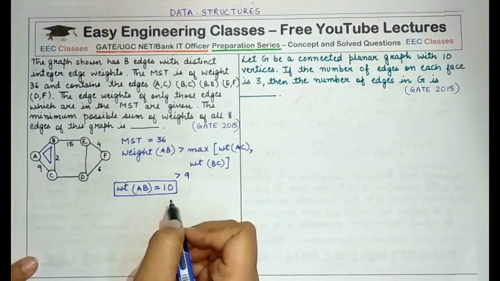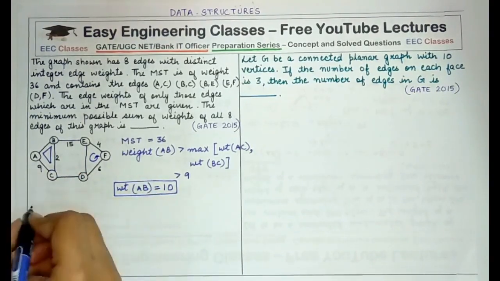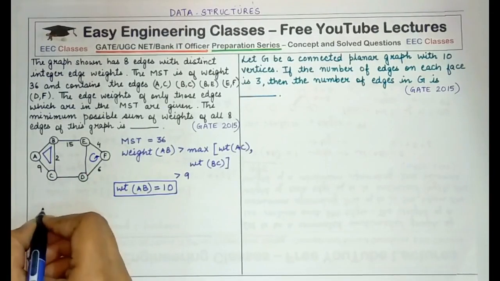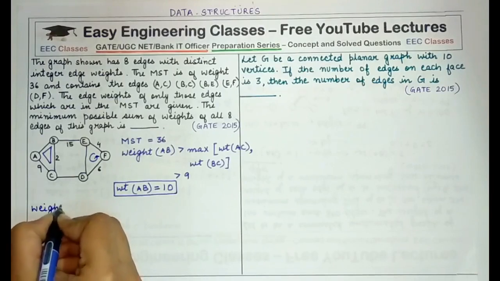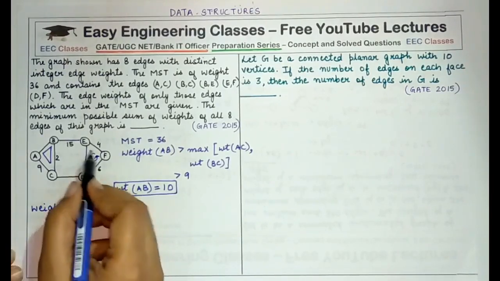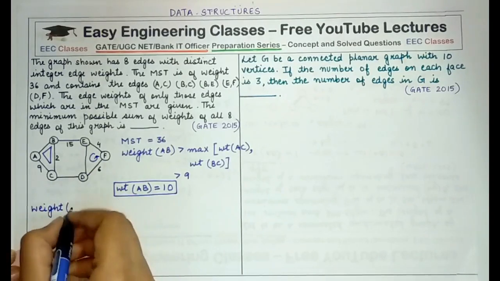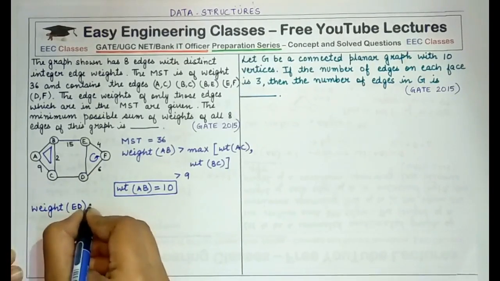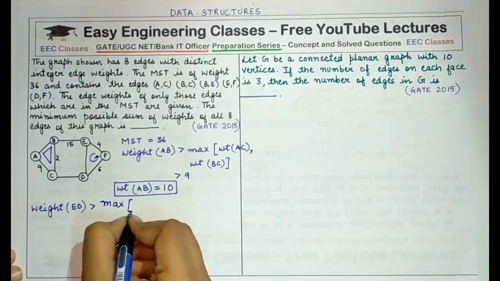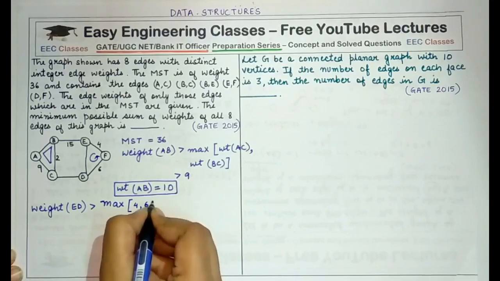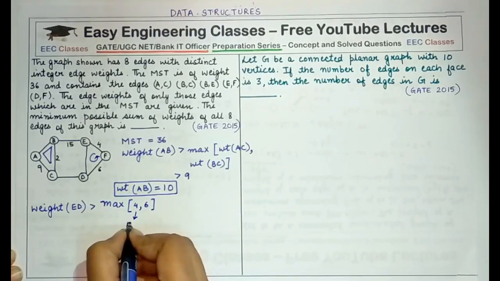Okay, now similarly, if I consider this cycle, the cycle E, F and D, we would write the same for this cycle also, that the weight of the unweighted edge ED would be greater than the max of the 2 edges that are given, 4 and 6. 4 is the weight of EF and 6 is the weight of DF.